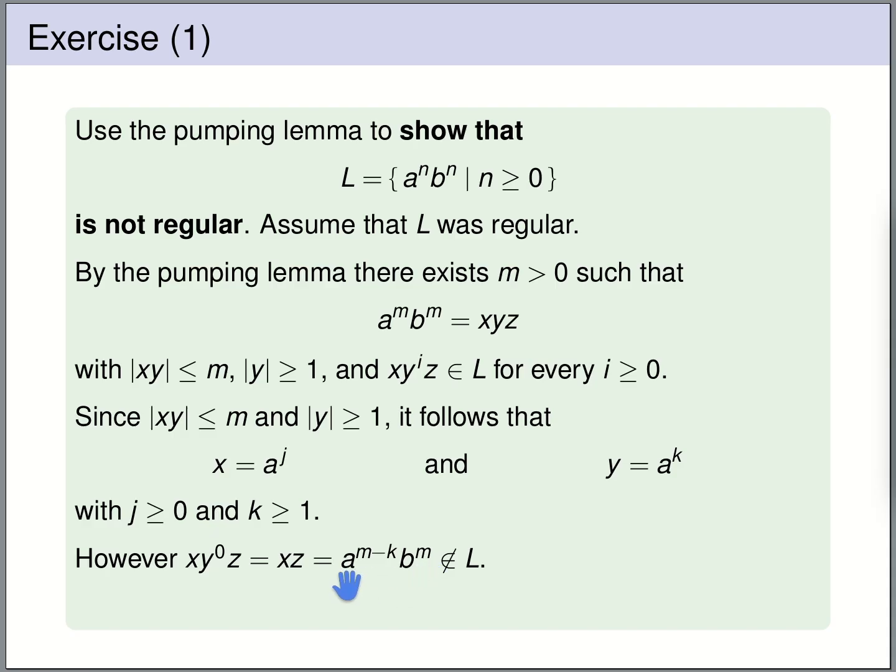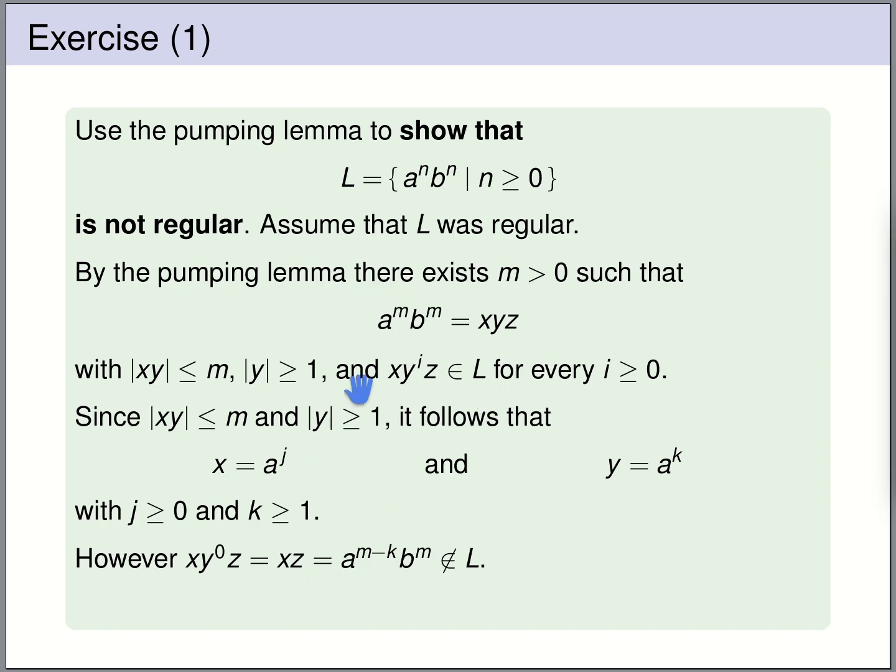This word no longer is in the language because we no longer have the same number of a's as b's. We now suddenly have more b's than we have a's. So this word is not in the language L that we are looking at, and this is a contradiction because the pumping lemma guarantees us that it is in L. And again, where is the contradiction?